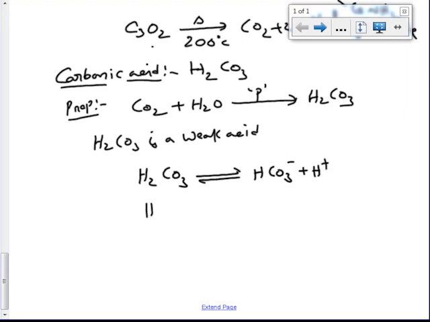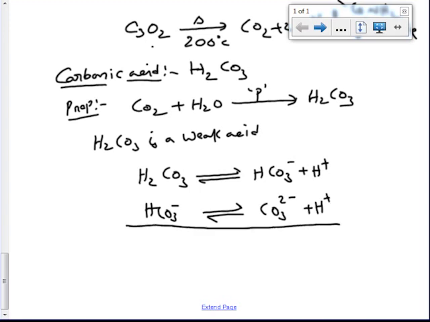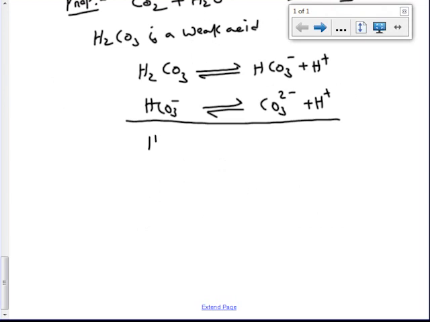Again HCO3 minus becomes CO3 2 minus plus H plus. What is the overall reaction? H2CO3 becomes CO3 2 minus plus 2 H plus.